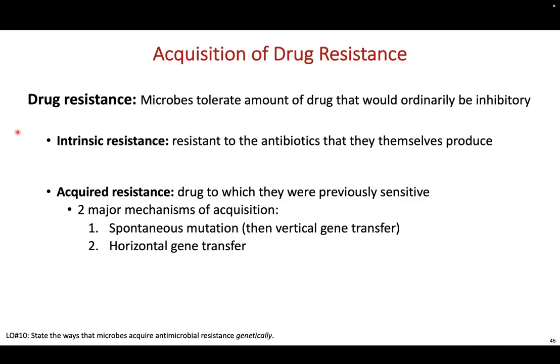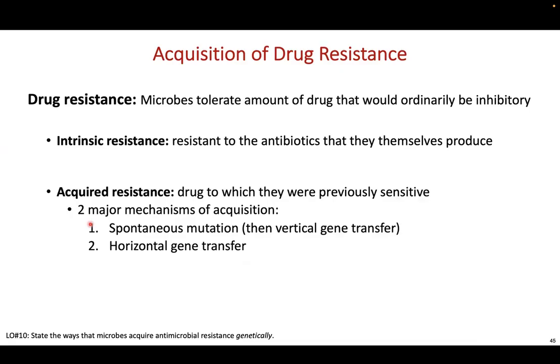And then we have acquired resistance, which basically happens when you give a drug to the bacteria. Some of them will die, some will survive. Those that survive will develop resistance to the drug. This is called acquired because it's acquired through previous exposure of the microbes to drugs.